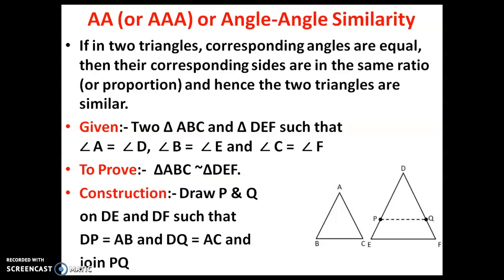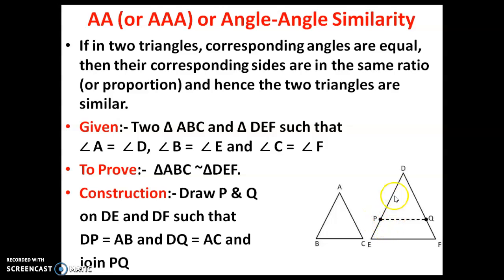So construction. Draw P and Q on DE and DF such that DP is equal to AB and DQ is equal to AC. This triangle is the bigger one.